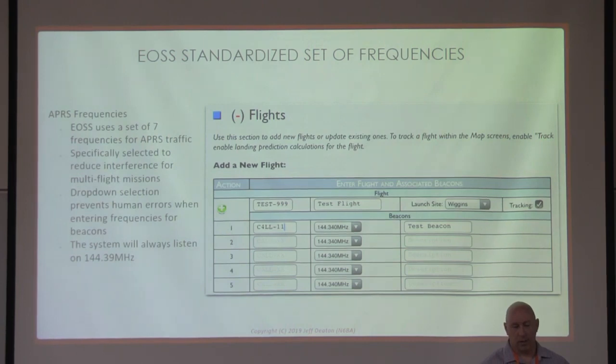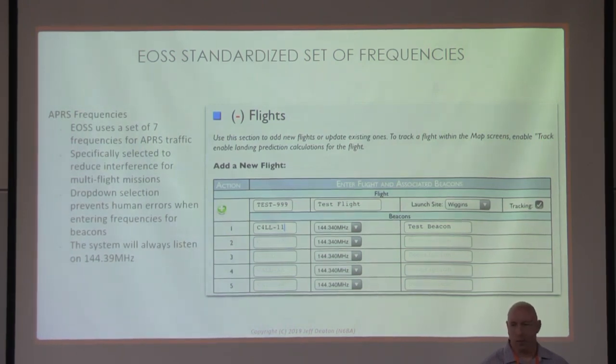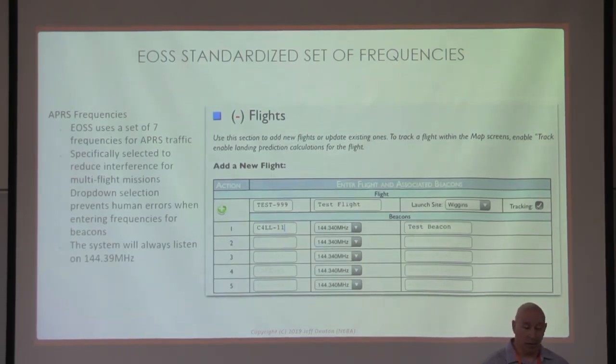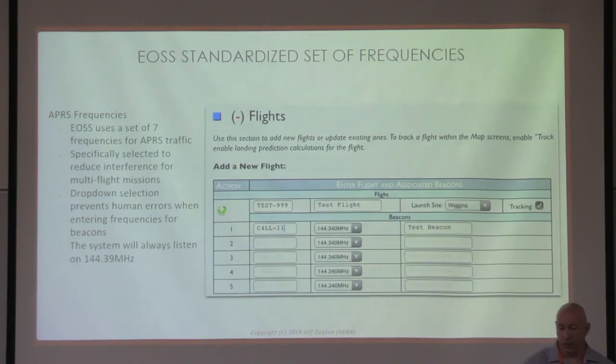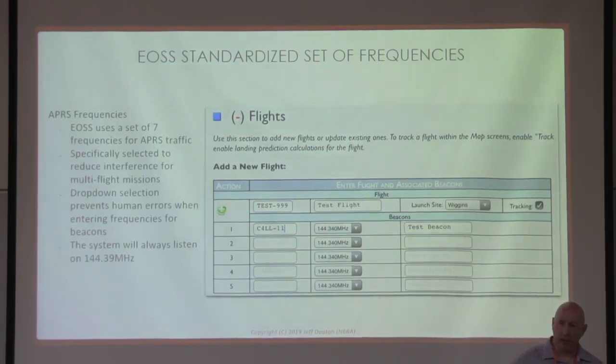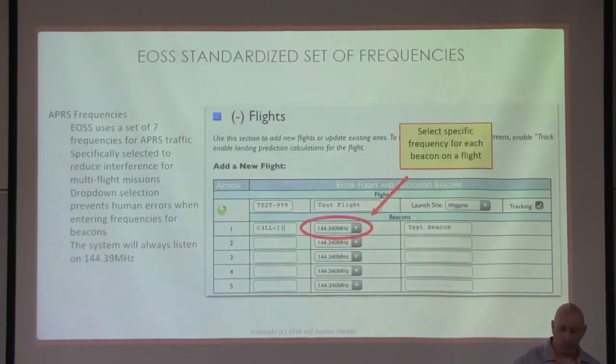And in the EOSS ecosystem, as far as the flight systems that are used, some of the team members have already picked and vetted a number of separate frequencies. So they have a set of frequencies that are designed to reduce interference when we have these multiple flight weekends. That's one help. So that's another standard. You don't have to worry about fat fingering it when you're trying to enter it. I just select it from the drop-down box.